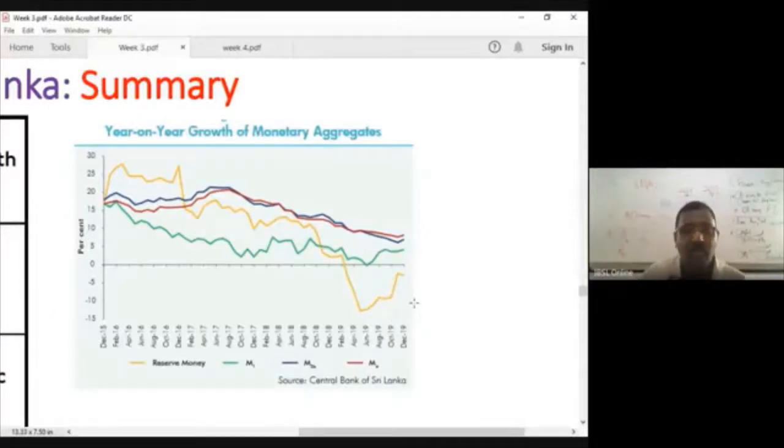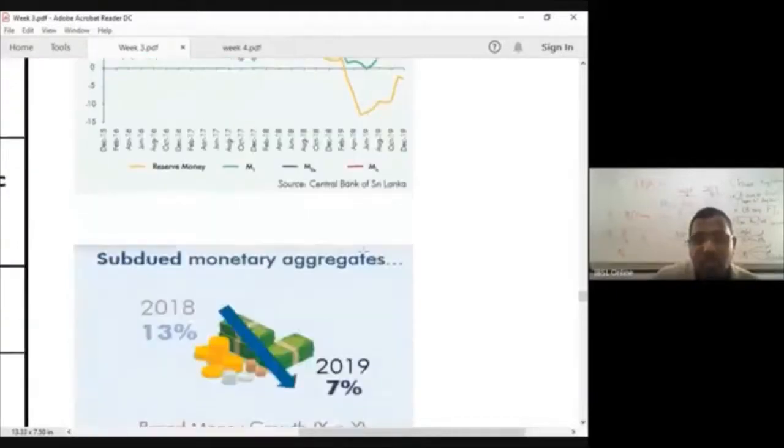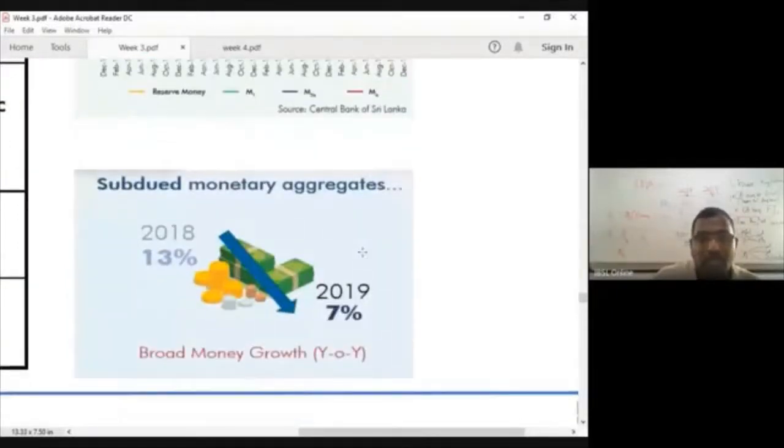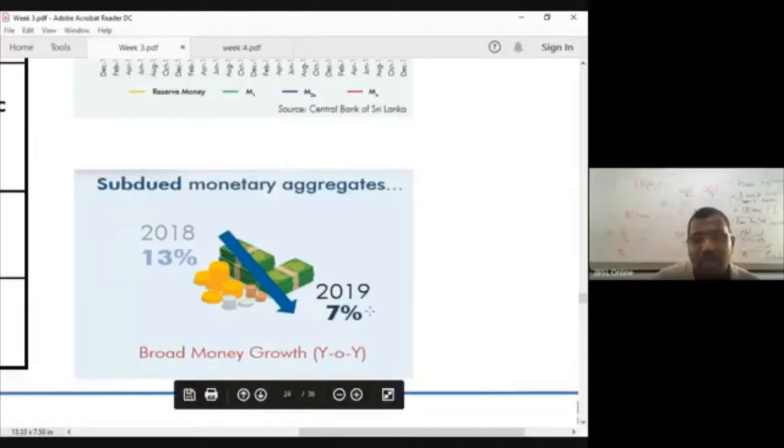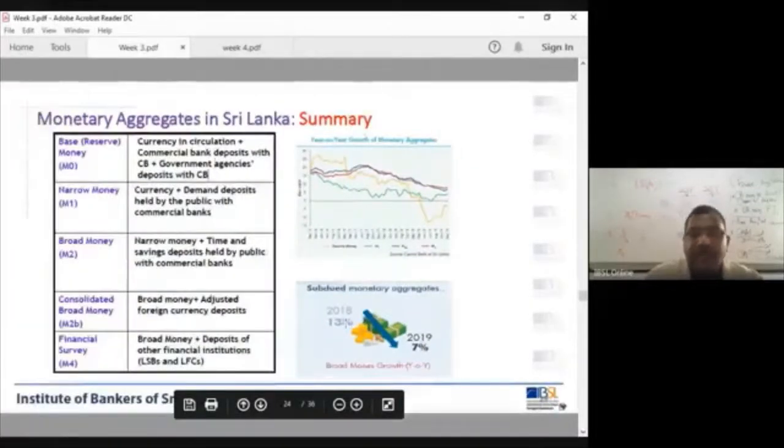So when you reduce the reserve requirement, RR, then it will have an impact on reserve money growth as well. So here are actual numbers from the annual report last year. In 2018, the monetary growth was around 13%, but in 2019, it has dropped to 7%. So the growth has dropped, right?